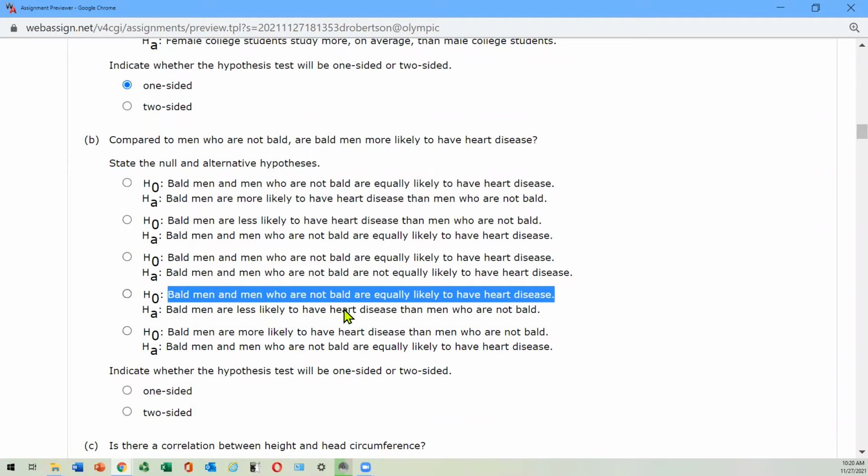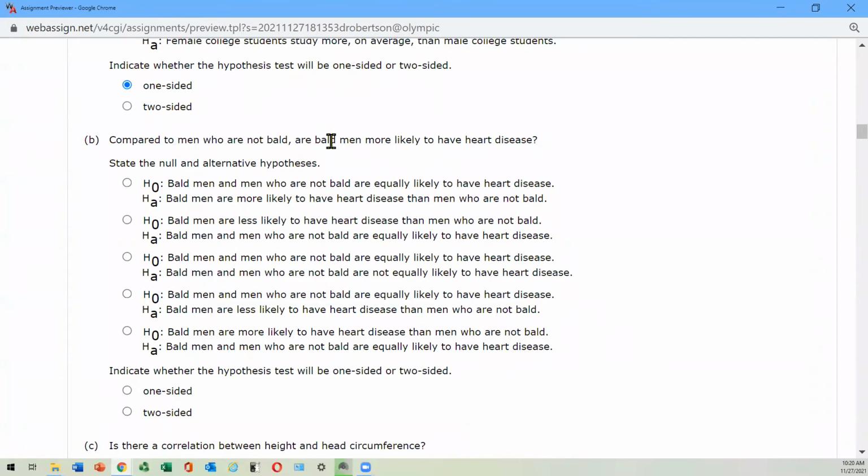Bald men and men who are not bald are equally likely to have heart disease. And then the alternate is bald men are more likely. So bald men are more likely to have heart disease than men who are not. And so we're looking at that one.